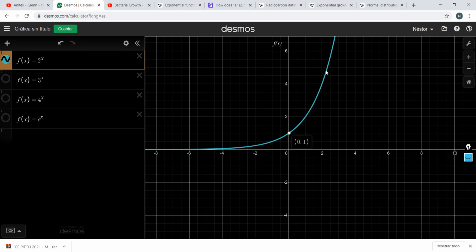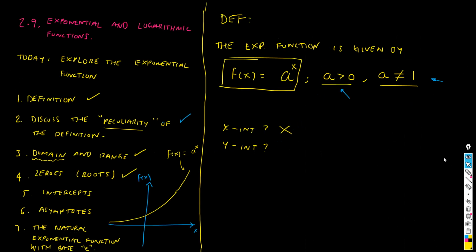Now, suppose that you don't have the graph. How do you find the y-intercept? If you remember, the y-intercept is found by making x equals 0, or basically by evaluating your function at x equals 0. If you can find a number such that this evaluation is possible, then the function does have a y-intercept.